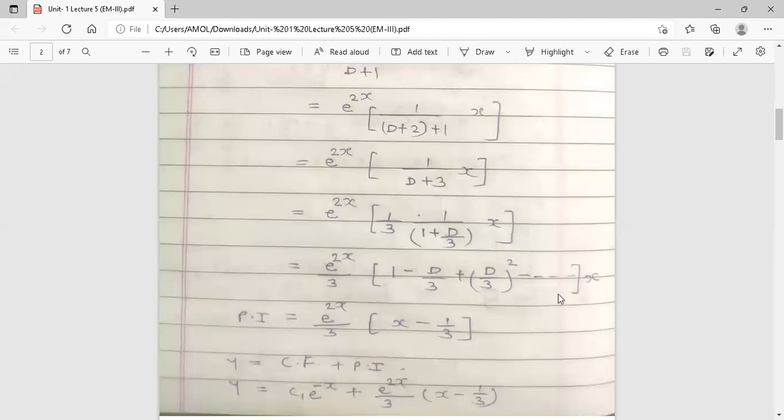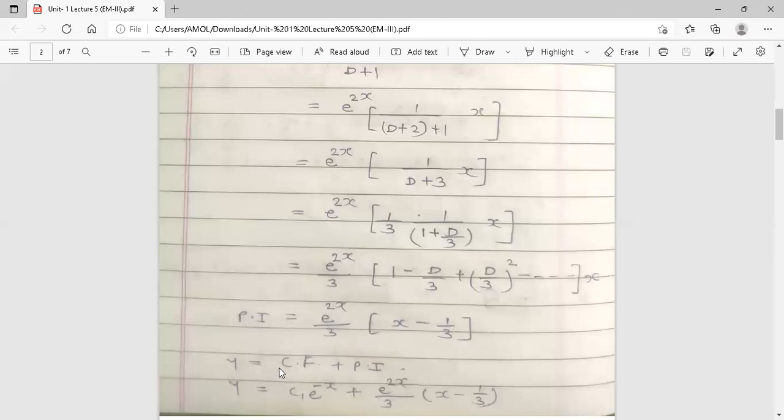Now multiply the bracket term by x. So 1 into x is x, minus d of x, meaning the derivative of x, which is 1, with 1 upon 3 as it is. So it is x minus 1 by 3. The remaining terms are zeros, so there are only two non-zero terms: x minus 1 by 3. And this is your particular integral.